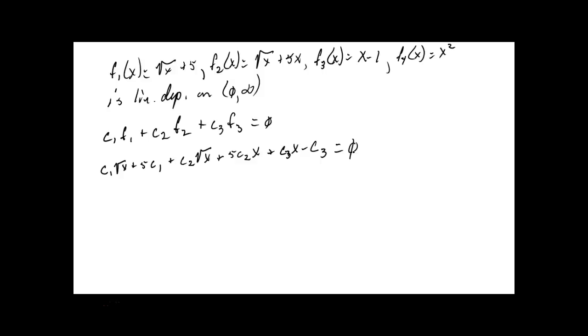Well, the next thing I'm going to do is combine like terms. Here we have a C1 root x plus C2 root x. And if this whole thing is going to be 0, that certainly has to be 0. That implies that C1 is equal to negative C2, right? Would have to be.